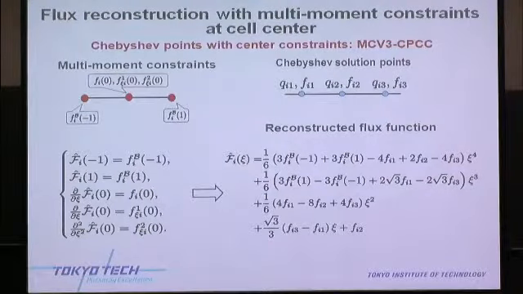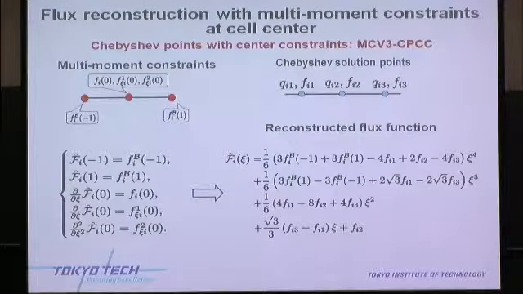Another type of constraint. Here, we put a constraint calculated from a primary interpolation function at the center point, from the value, the first order and second order value. And this is what we definitely need for numerical conservation.